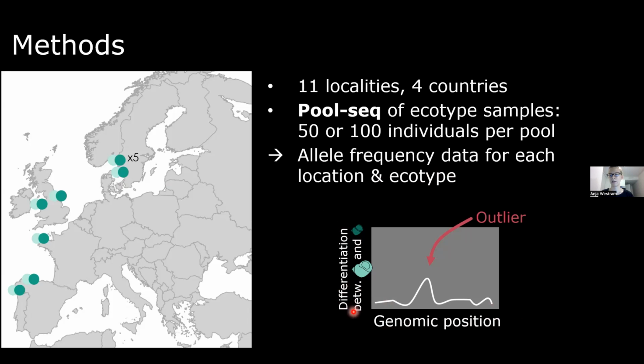So here, a crab and a wave ecotype sample from a given location, and you check where the differentiation is particularly high. Those are regions where selection is counteracting gene flow between the ecotypes, and so these are regions that are potentially affected by divergent selection between the ecotypes. Again, we have these SNPs or genomic regions that are outliers, which are potentially affected by selection.